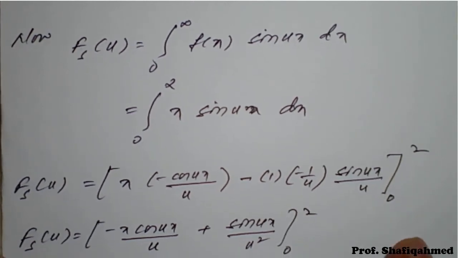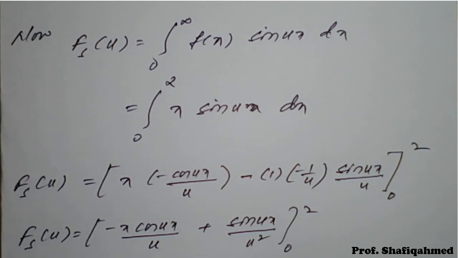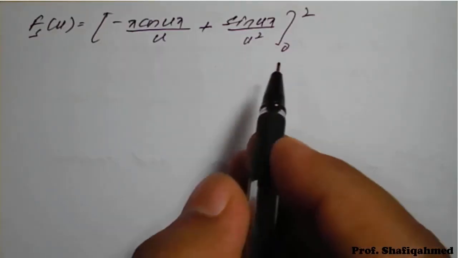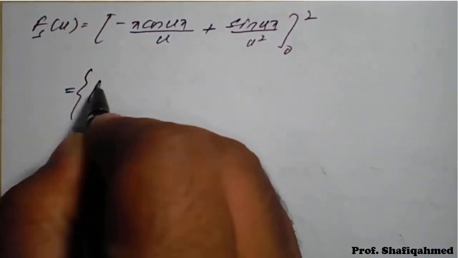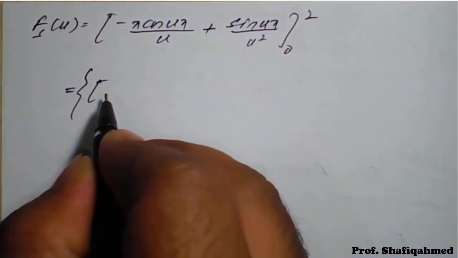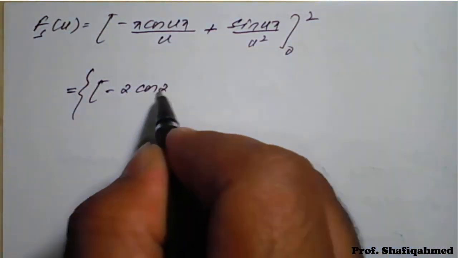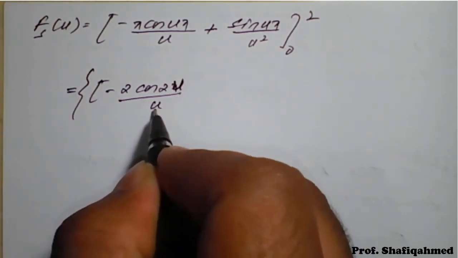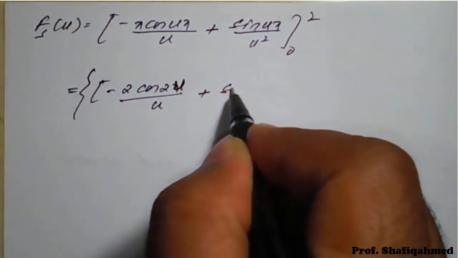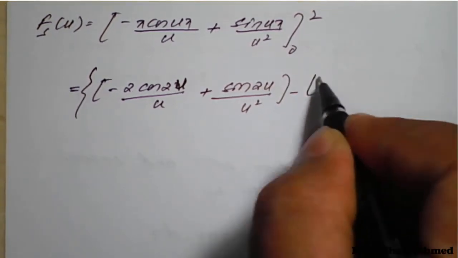Now we need to apply the limits, with x equal to 2 as upper and 0 as lower. Replacing x by 2, we get minus 2 cos of 2u divided by u plus sine of 2u divided by u square, the upper limit, minus the lower limit.